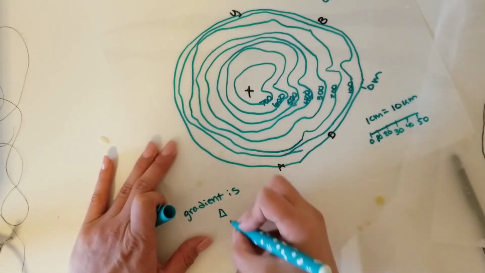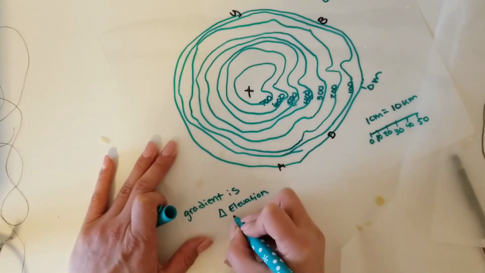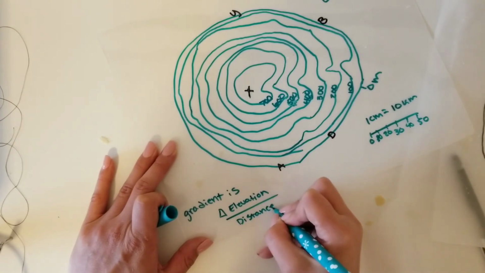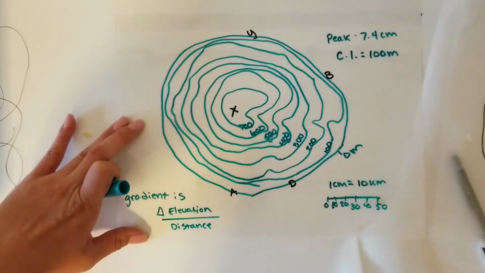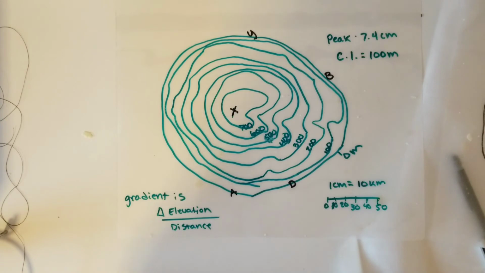So change in elevation over distance. It's also in your Earth Science Reference Table. So what this means is it tells us how far up we climb for a certain distance. So how far up the mountain do we go given a certain distance.